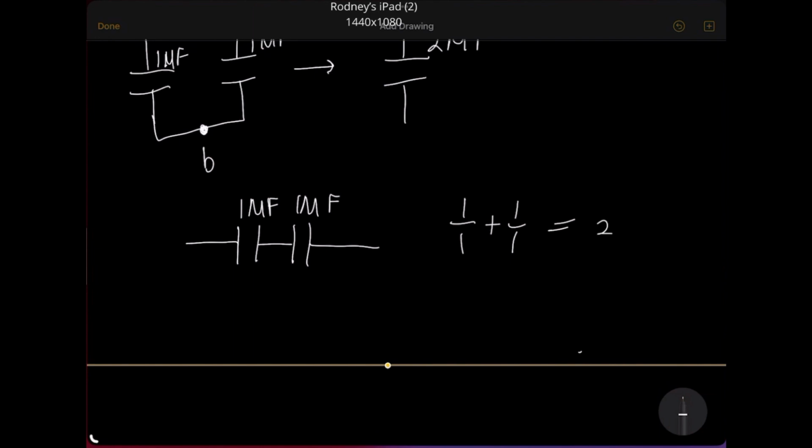And then you take that number and put 1 divided by 2. You'll get 0.5. Or you could do it as this: 1 times 1 over 1 plus 1. And that'll also give you 1/2.